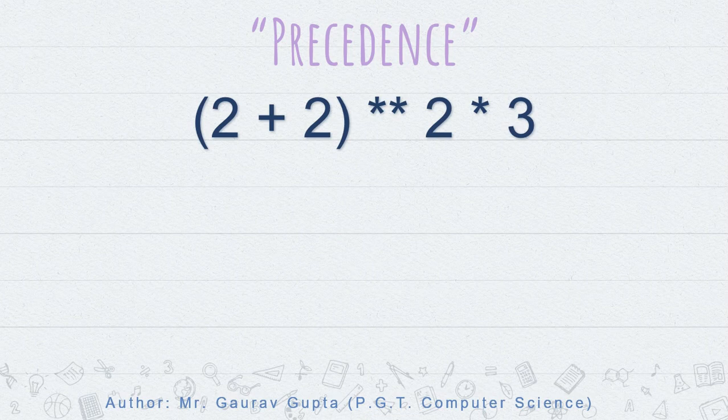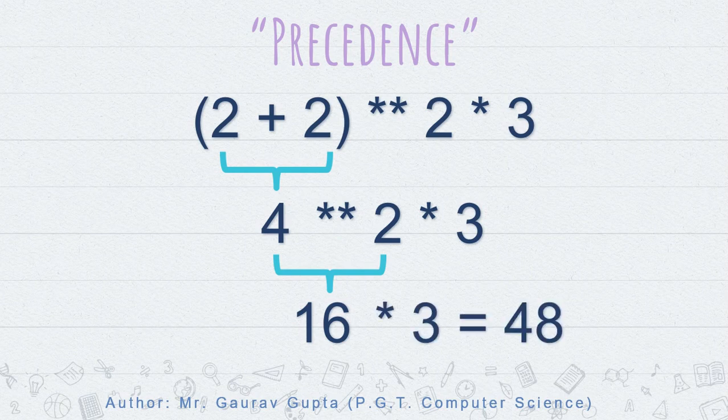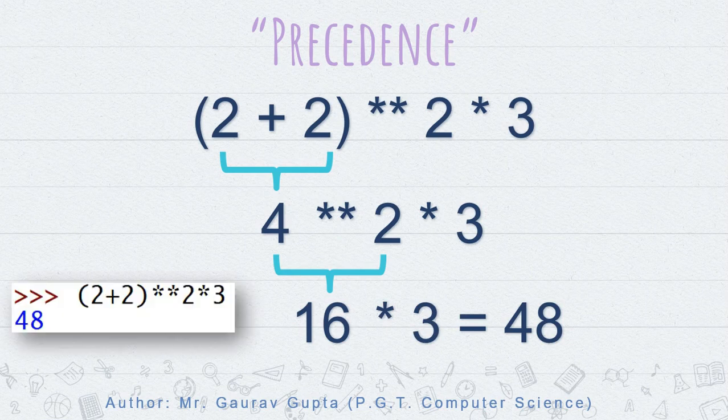First, 2 plus 2 will be evaluated and will result in 4. Then 4 raised to the power 2 will be evaluated and will result in 16. And then 16 multiplied by 3 will be evaluated and will give 48 as a result. And this is the screenshot.